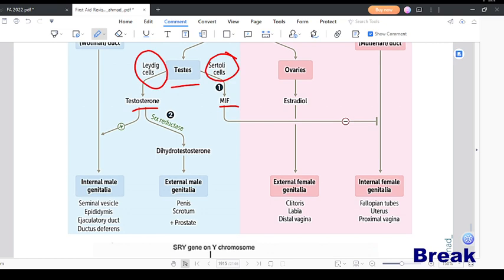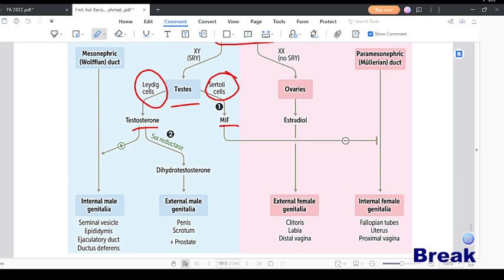That Mullerian inhibitory factor will lead to the suppression of the Mullerian duct. The paramesonephric or Mullerian duct leads to the formation of internal female genitalia, which is inhibited in the case of males. So Mullerian inhibitory factor inhibits the growth of the paramesonephric ducts, and that is how the genitalia go towards male development.